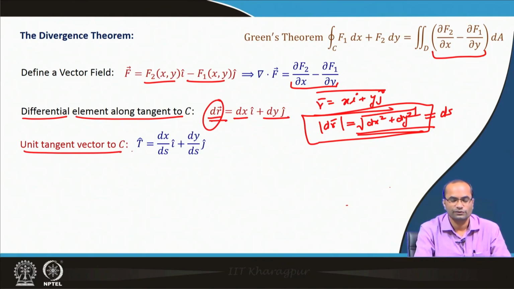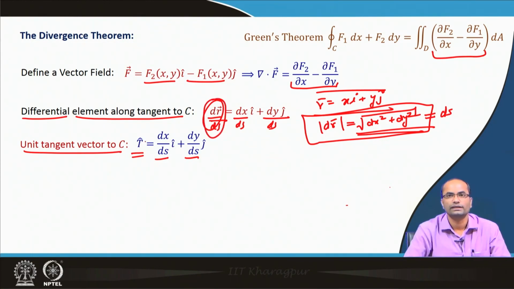So, now the magnitude of dr over ds will be 1. That is the unit tangent vector, with components dx over ds and dy over ds, because we have divided the whole equation by ds. So, this dr over ds is the unit tangent vector, which we denote by t hat.